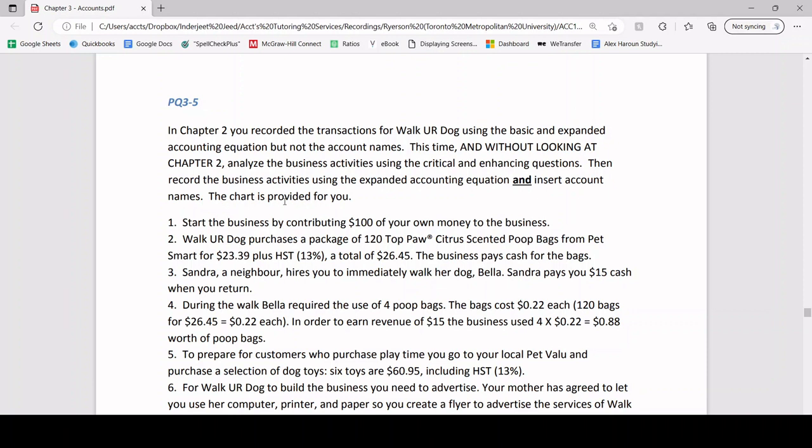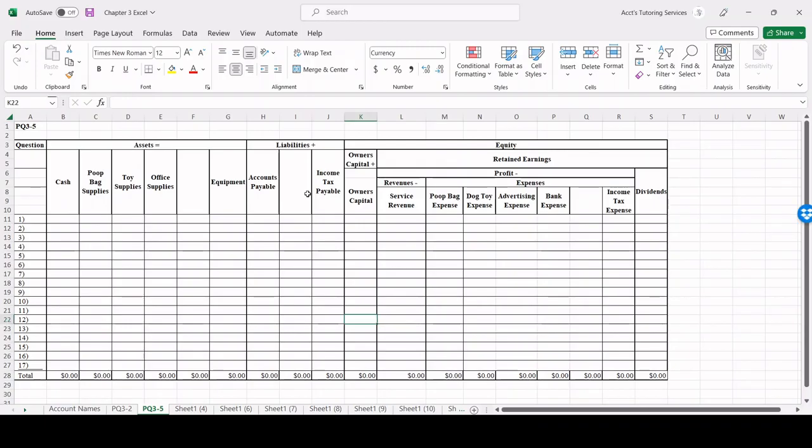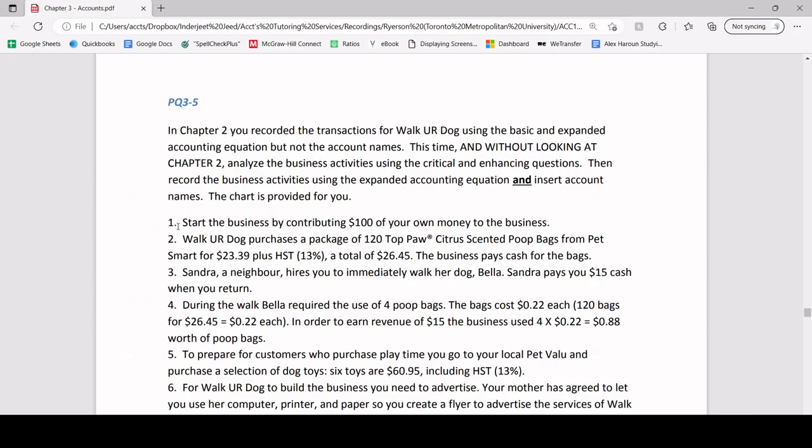So the chart that is provided for you, I've created it on Excel. So let's dive right into it. Transaction number 1, start the business by contributing $100 of your own money to the business. Once again, the business is receiving cash. We know cash out of the 5 main accounts in accounting, or the 5 elements: assets, liability, equity, revenue, or expense.